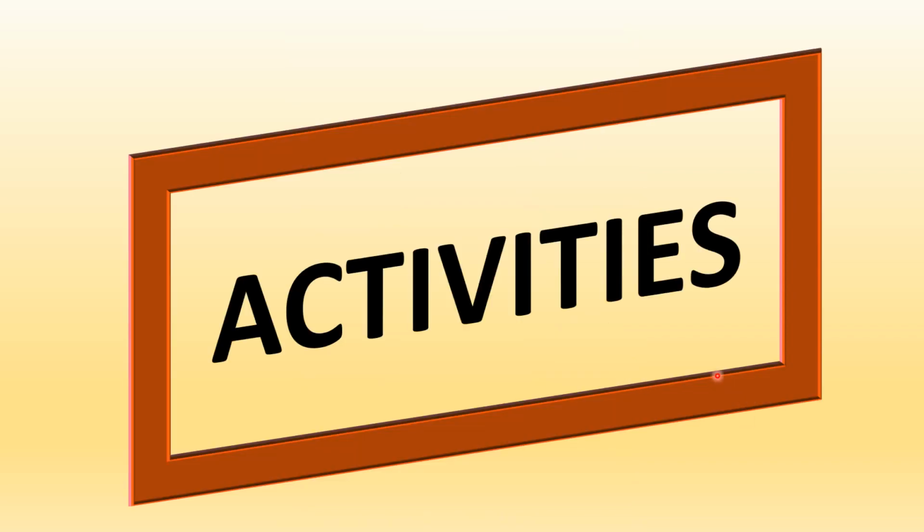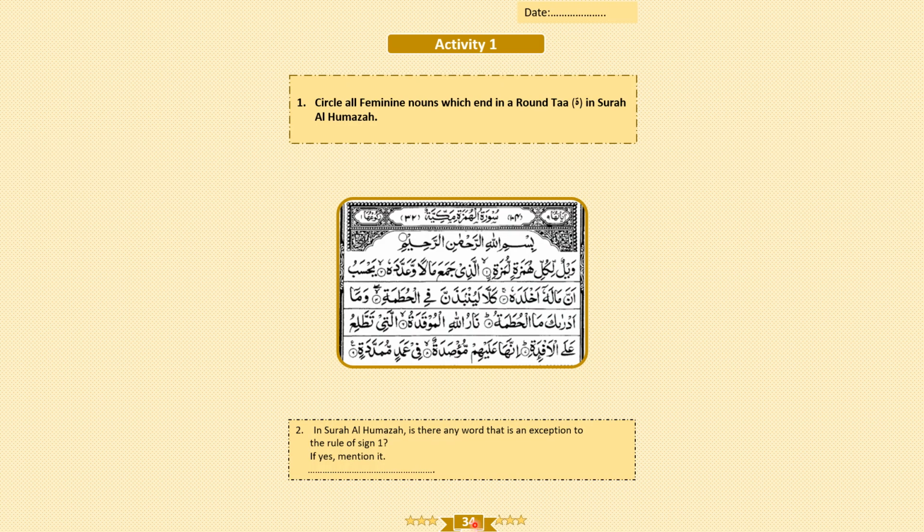The activities will now appear on the following pages. Page 34 is for sign 1, the ta marbuta one. Look at Surah Al-Humaza and circle all the words that end in round ta marbuta, and answer number 2 here at the bottom.